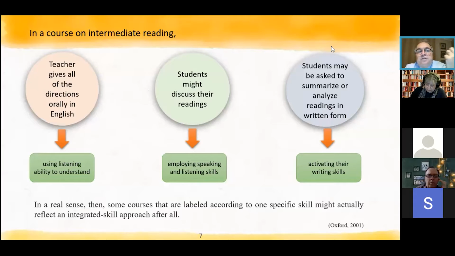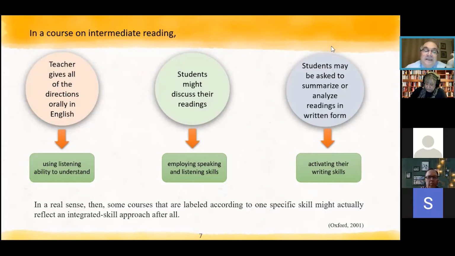Teacher gives all of the directions orally in English, so we have to listen and understand what the content is. Students might discuss their readings. Here we need at least two main skills, speaking and listening. Students may be asked to summarize or analyze readings in written form. Of course, they are supposed to use their writing skills.